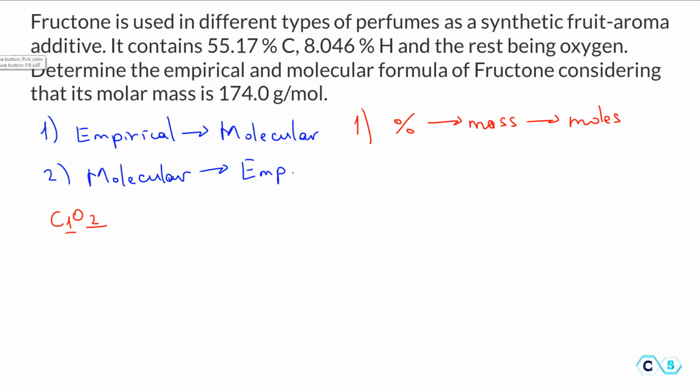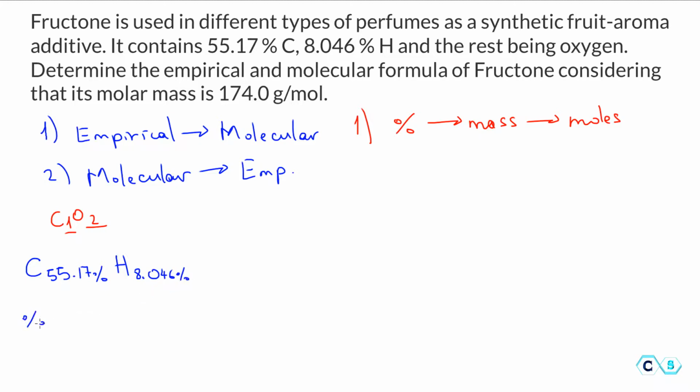Now, what we can do is write down the following. We have carbon, hydrogen, and oxygen. Carbon is 55.17%. Hydrogen is 8.046%, and it says that the rest is oxygen.